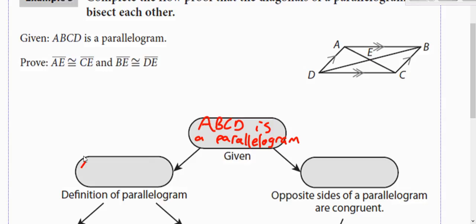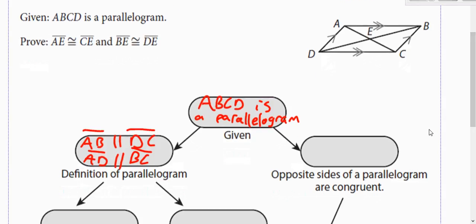Opposite sides are parallel. So AB is parallel to DC, and AD is parallel to BC. We can make a very similar statement by saying the opposite sides are congruent, so we do the opposite sides.